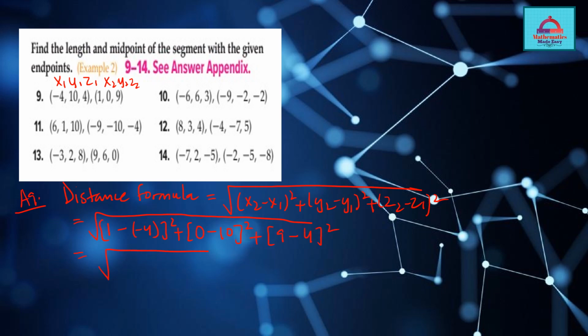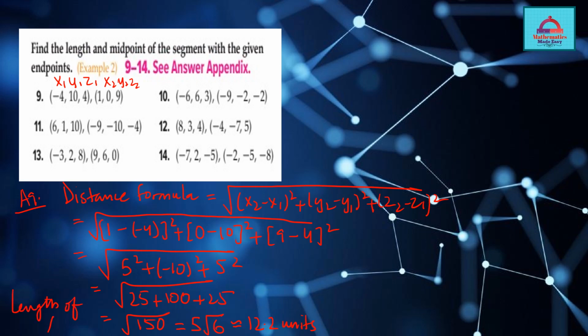So what is this value? 5 squared plus minus 10 squared plus 5 squared. So this is 25 plus 100 plus 25. So it is square root of 150. Now if you calculate the value approximately, it will come out to be 5 square root of 6, which is about 12.2 units. So this is the distance, this is the length of AB.